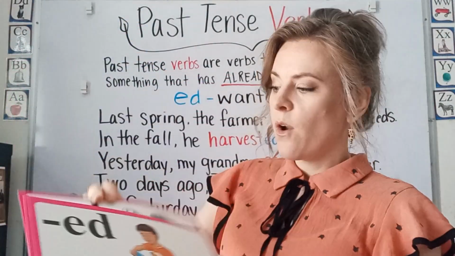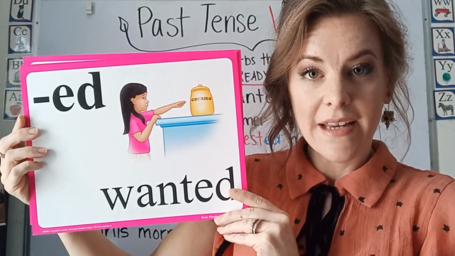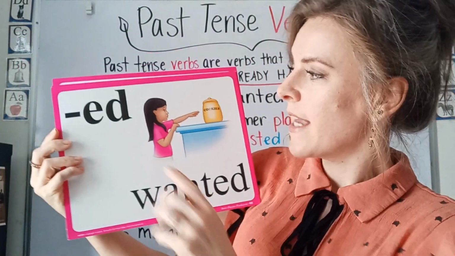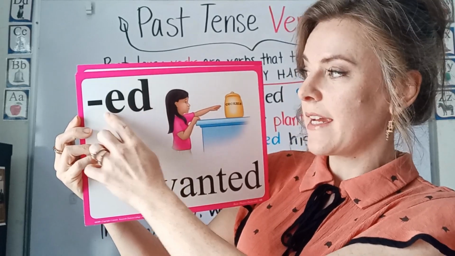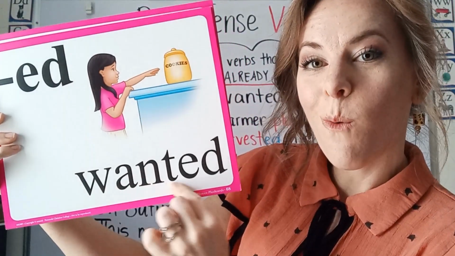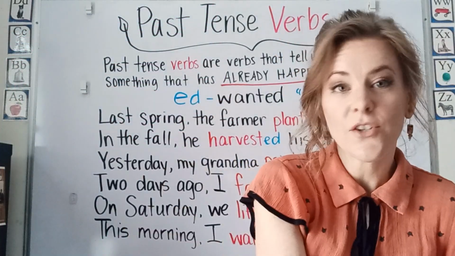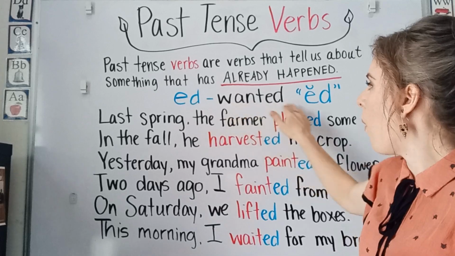But today, we're going to look at wantED. We're going to look at some examples that say ed, E, D, short E, D, ed, ed, ed in wantED. Okay? So let's look at some examples of our ed in wantED.